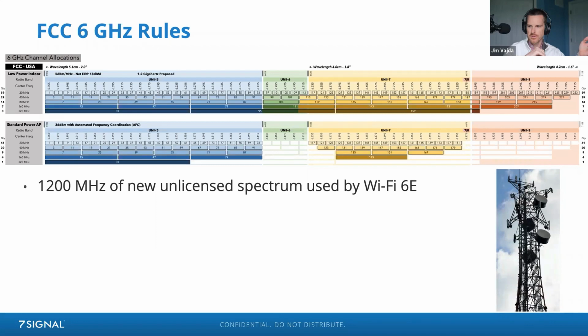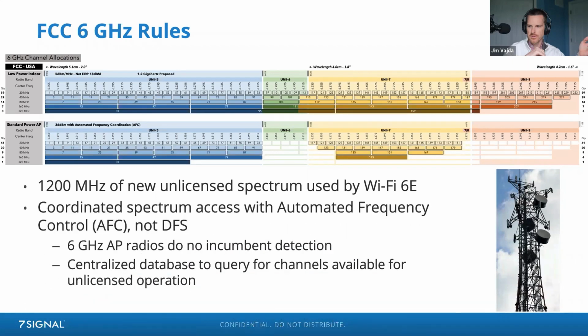But there are incumbents here too. So instead of reusing that DFS protocol, which came with all those problems and baggage, we're doing something new for mainstream Wi-Fi. We're doing something called automated frequency control, and it's not a totally new framework.